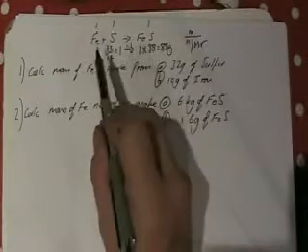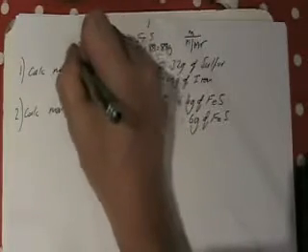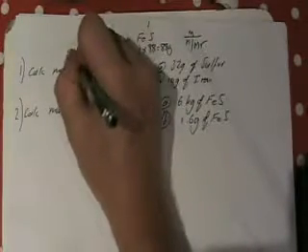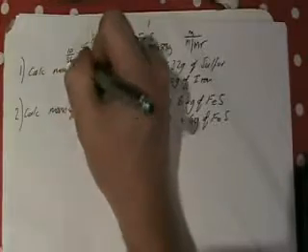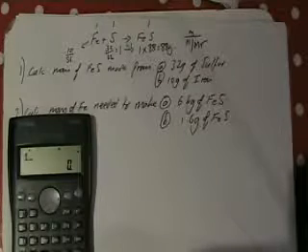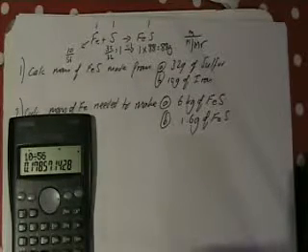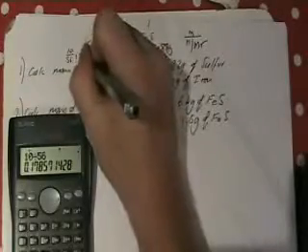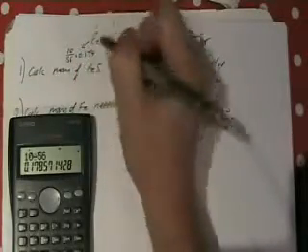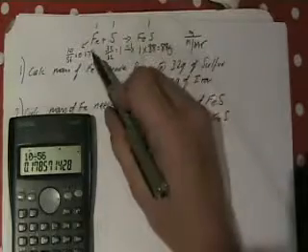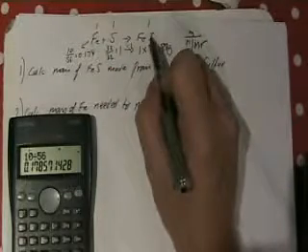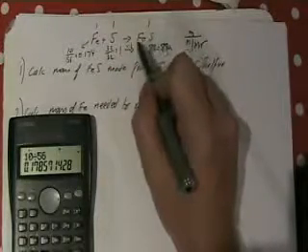Okay, the second part then is we have 10 grams of iron. We're assuming that the sulphur is in excess. So 10 grams of iron divided by the Mr of iron is 10 divided by 56, which is equal to 0.179 moles of iron. And again, the ratio from there to the iron sulphide is 1 to 1.